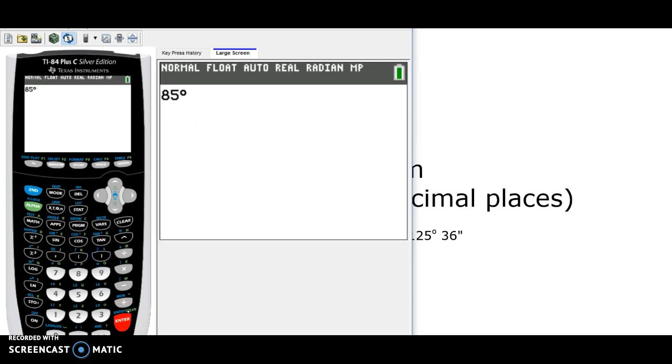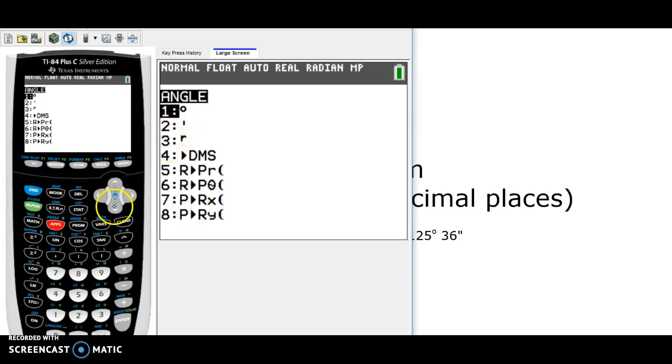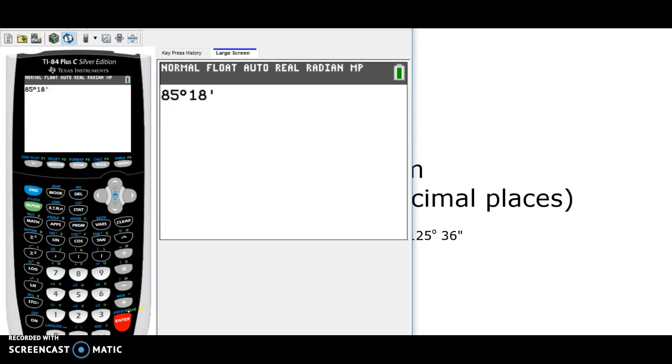We have 18 minutes, so type in 18. Back to that same spot, so second angle, there's my minutes. And as it says in your notes, you get the seconds, which kind of looks like a quotation. Notice that it's here above the plus sign, but in green. So we're going to do alpha plus to get that.